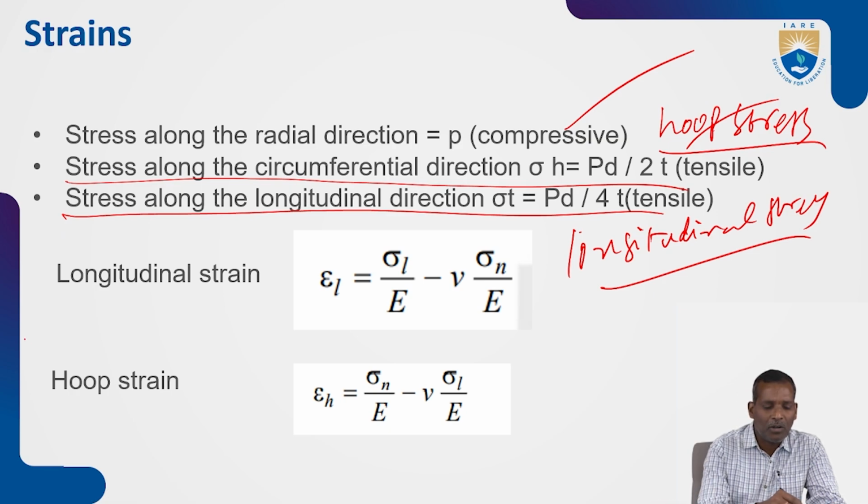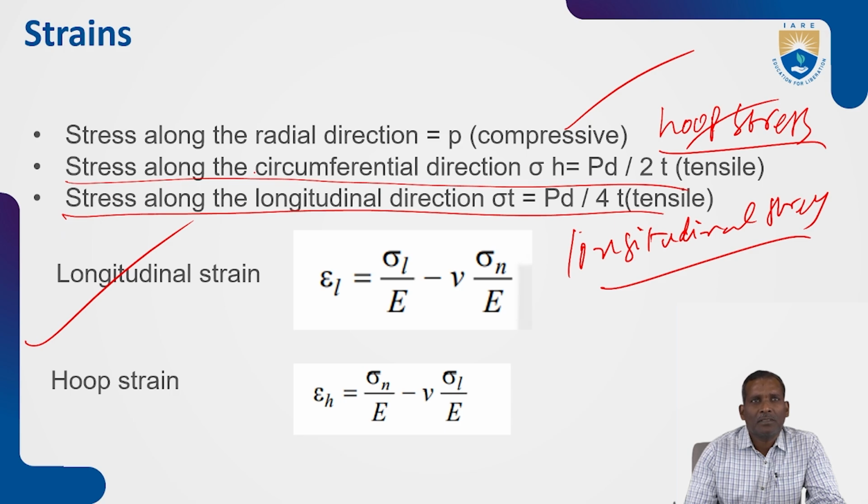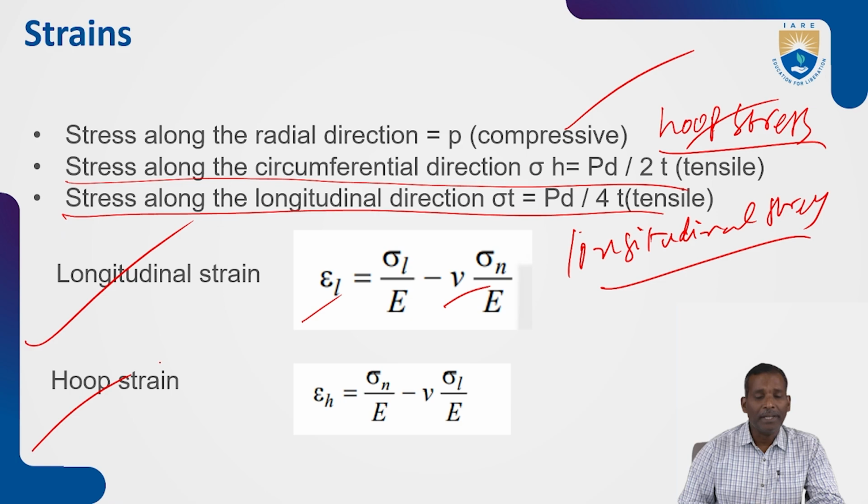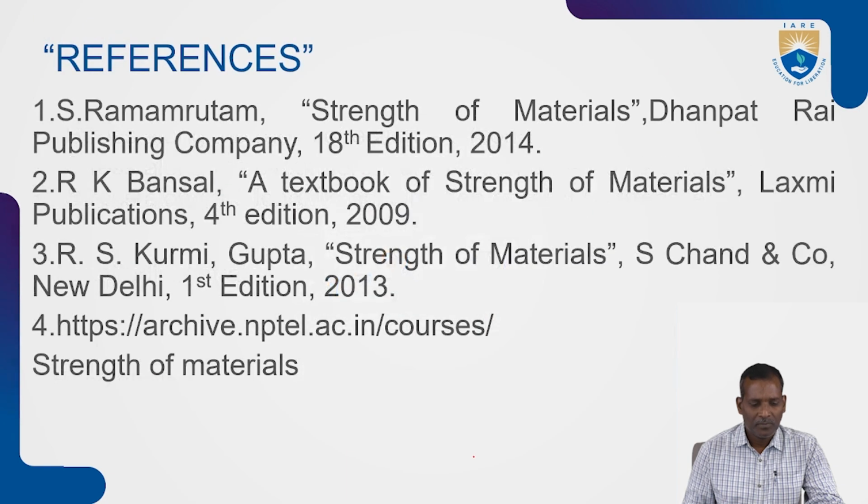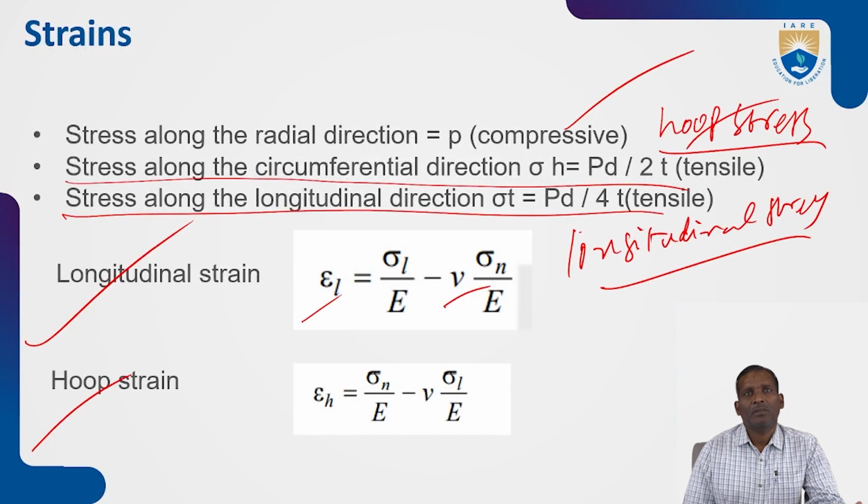Now calculate the longitudinal strain. Epsilon L is equal to sigma L by E minus mu into sigma h by E, where mu is the Poisson's ratio. Similarly, the hoop strain is sigma h by E minus mu into sigma L by E. Now you can substitute the sigma L value in this equation.